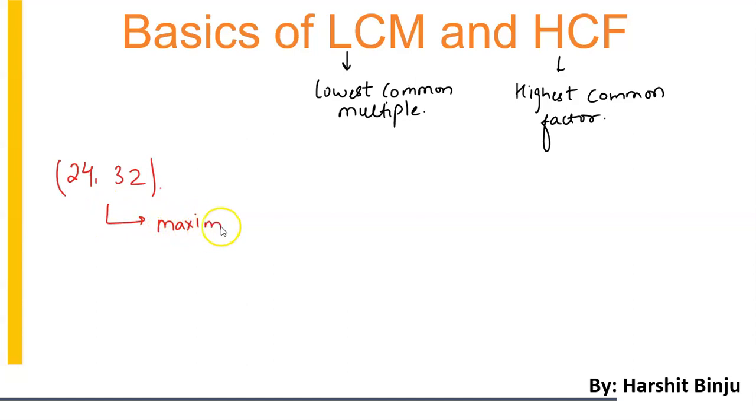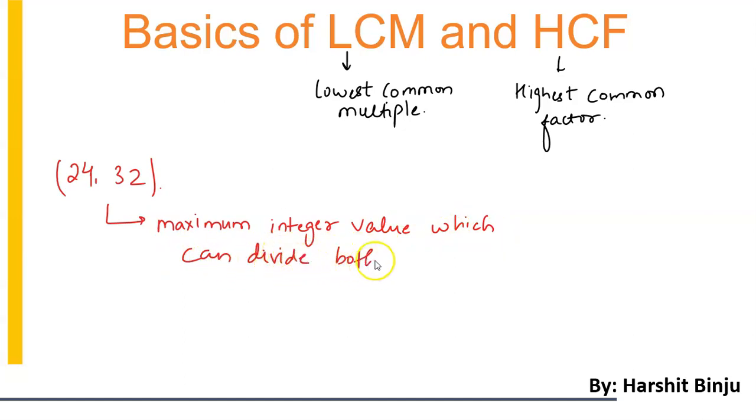What I'm basically asking you is, I'm asking for that maximum integer value which can divide both the numbers.